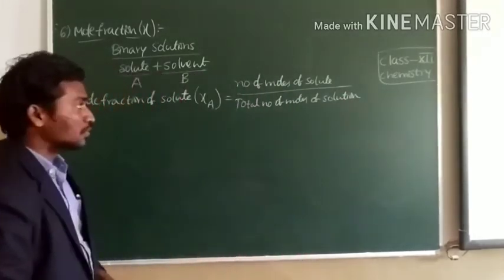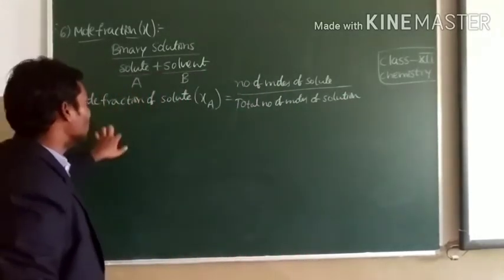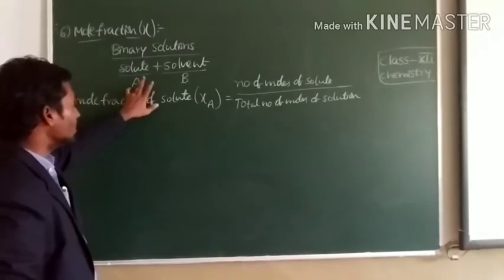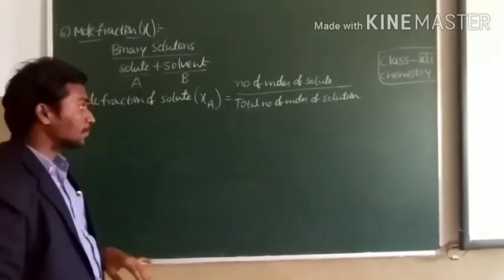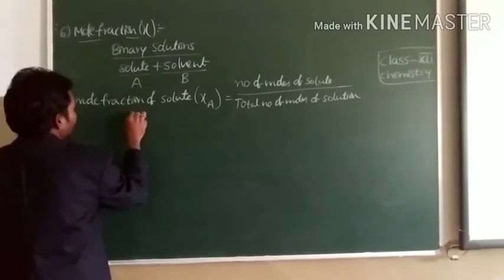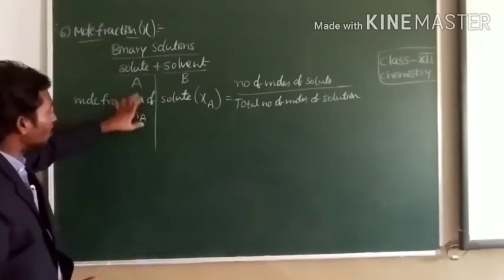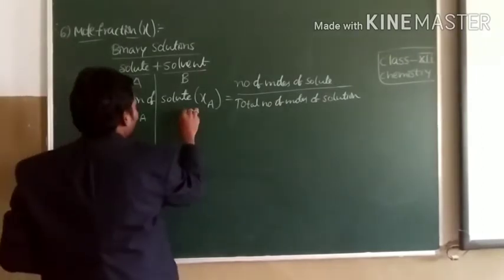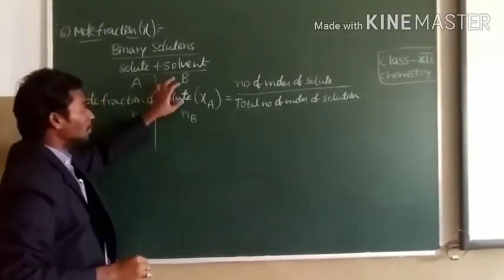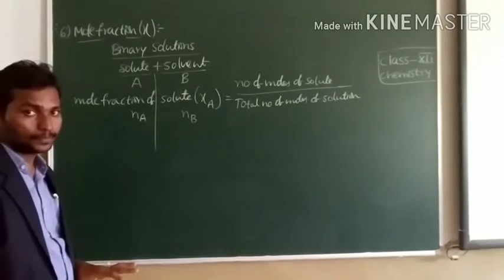For our convenience, here A is solute, B is solvent, and Na is number of moles of solute and Nb is number of moles of solvent, children.